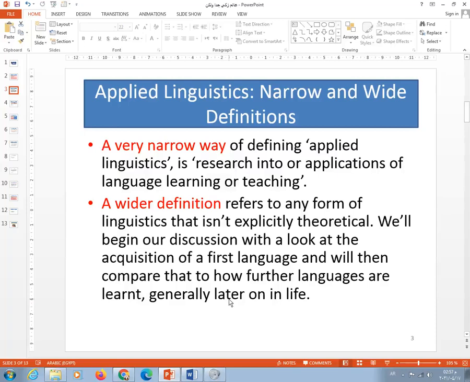So when we talk about applied linguistics, let's bear in mind these two dimensions, the narrow and the wide definitions.